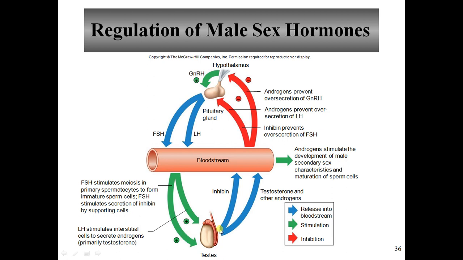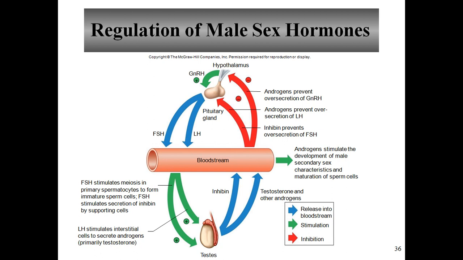Then as the concentration of testosterone in the blood rises, the hypothalamus becomes inhibited, decreasing its stimulation of the anterior pituitary gland, meaning excess secretion will be inhibited. As ICSH secretion falls, the amount of testosterone decreases.